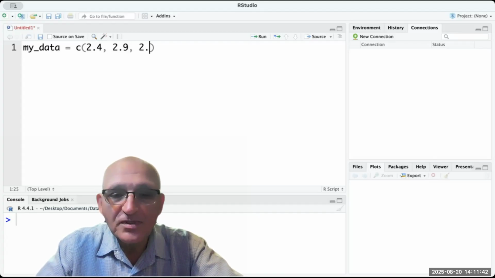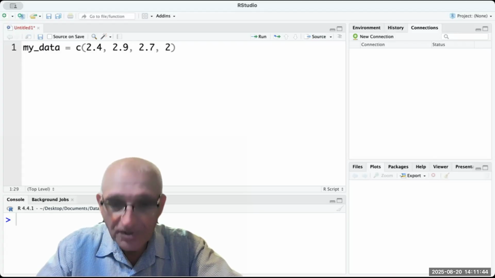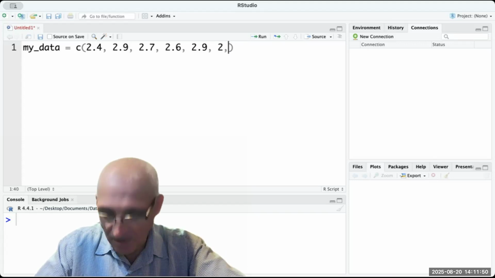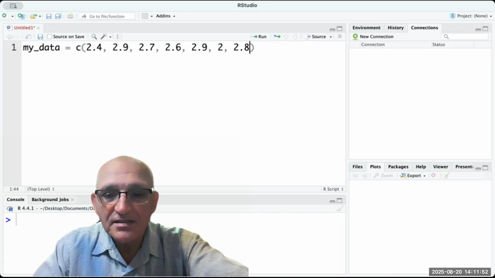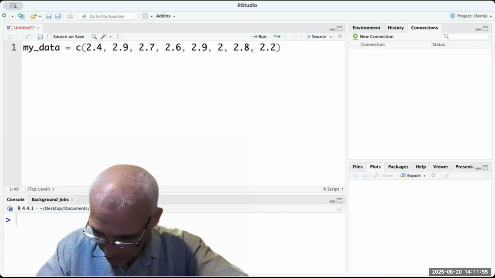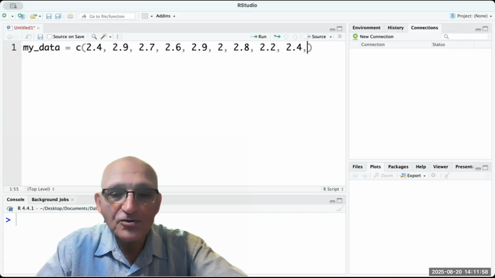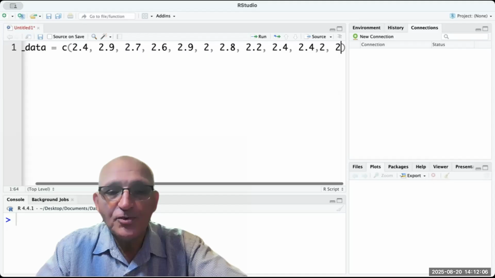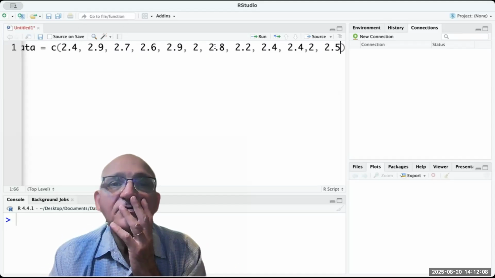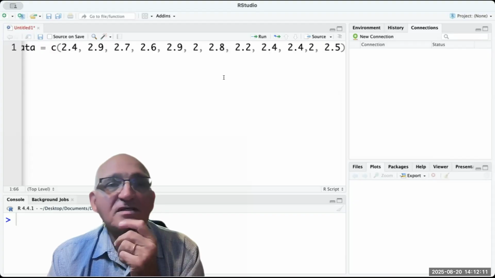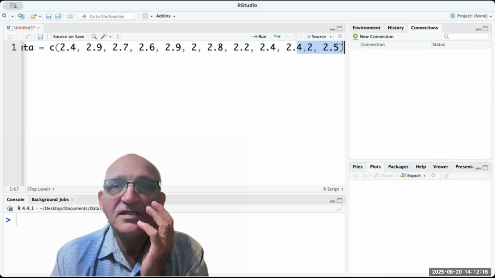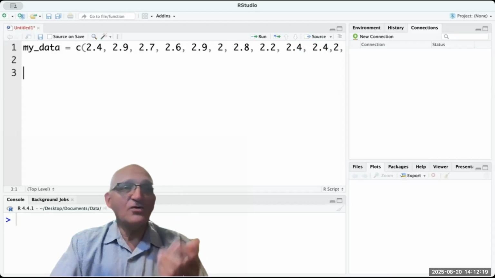The third is 2.7, 2.6, then 2.9, then 2, then 2.8, then 2.2, then 2.4 twice, then 2, then 2.5. 1, 2, 3, 4, 5, 6, 7, 8, 9, 10, 11, 12. Yes, they are 12. We don't care because the software will calculate that for us. Okay, that's all I have.